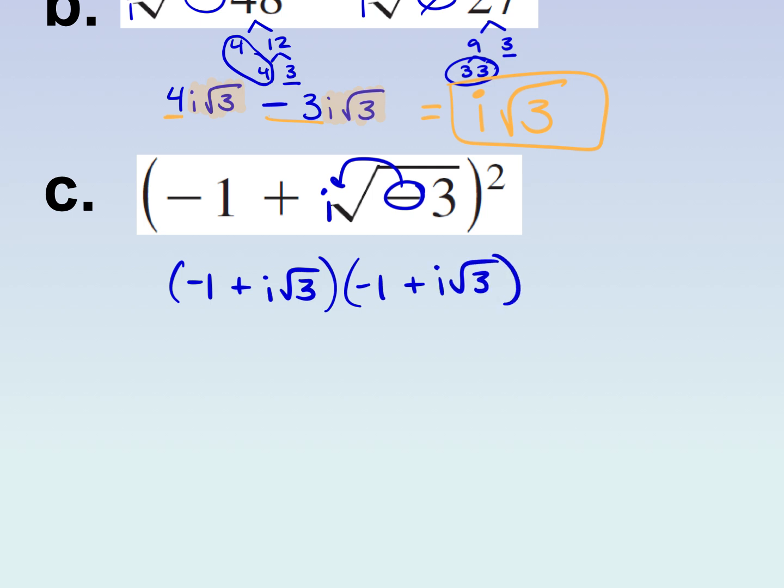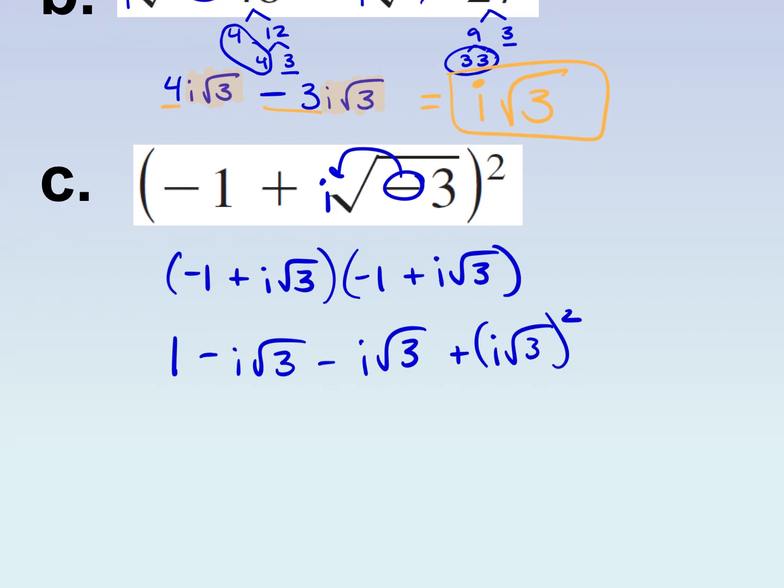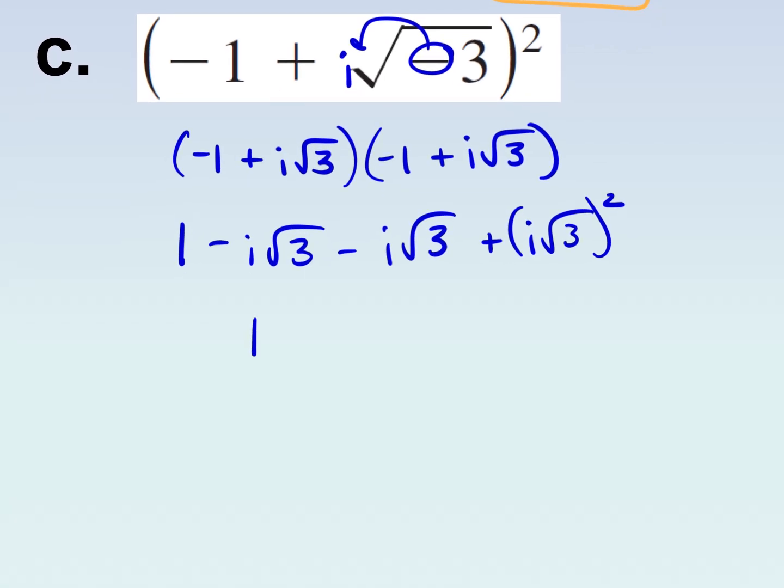So negative 1 times negative 1 would be 1 minus i square root 3 minus i square root 3 plus i square root 3 squared. So we've got 1 minus 2i square root 3.